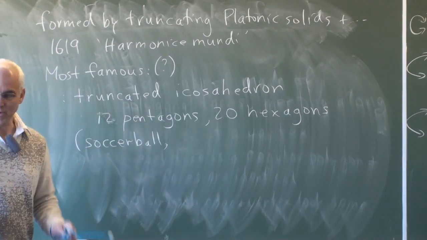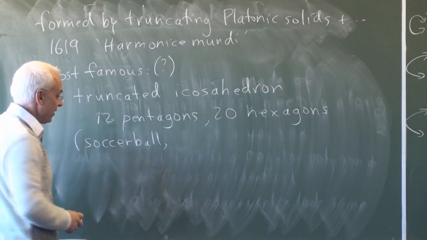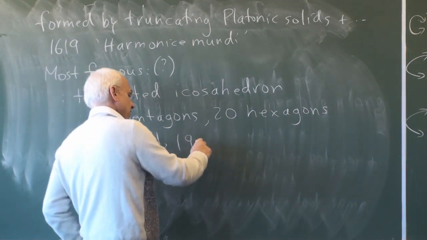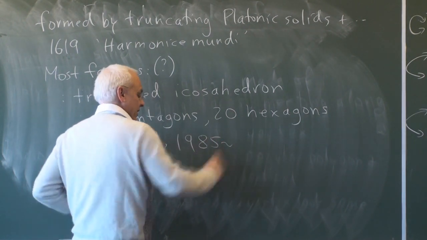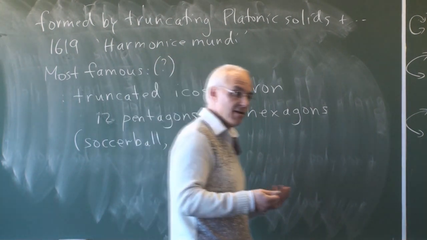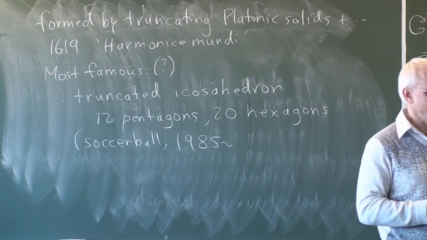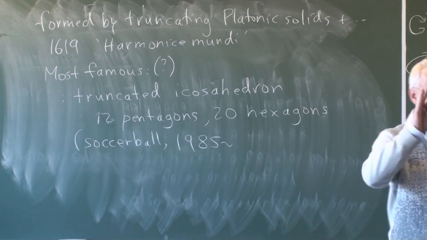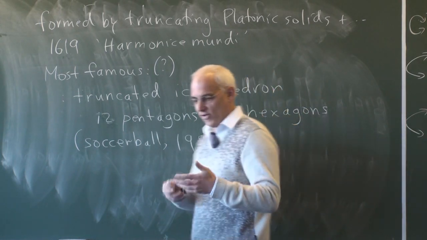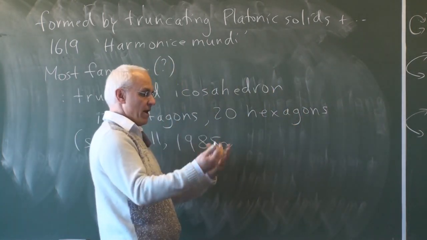But it also has another incarnation, which is rather more recent, in the 1980s, perhaps 1985, thereabouts. Astronomers discovered a new form of carbon out in the distant part of the universe. They discovered that there were certain processes in stars that created a new arrangement of carbon atoms.